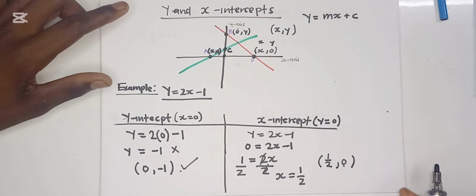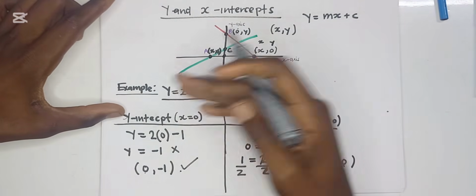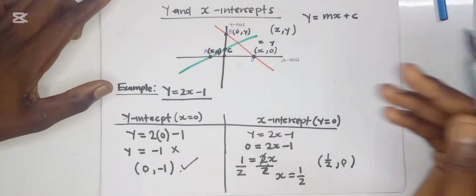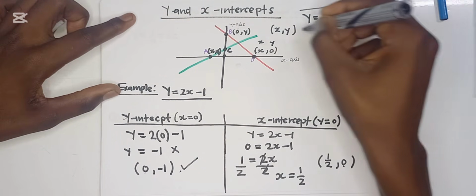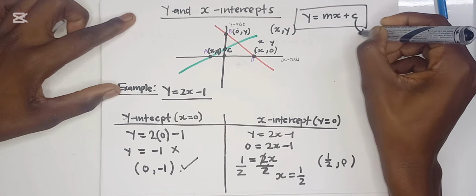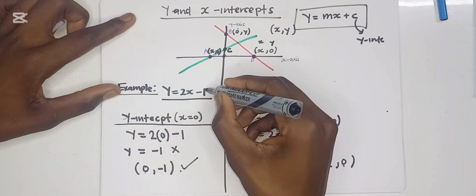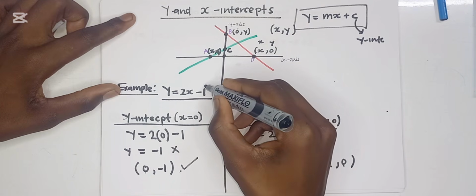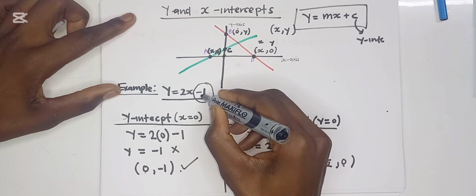Another thing I want you to understand: to find the y-intercept, you don't need to do this kind of stuff of putting 0. Why? It is because in our previous video, we said that on this equation, the point that is always here is called the y-intercept. So if we have this kind of equation, what will be our y-intercept? Our y-intercept is going to be the value of c that is here.